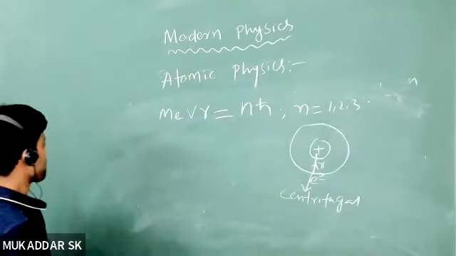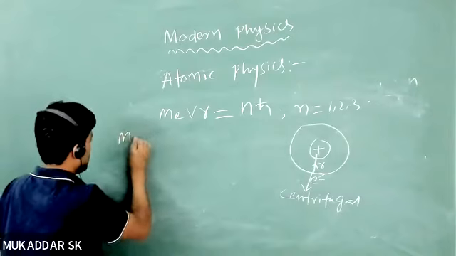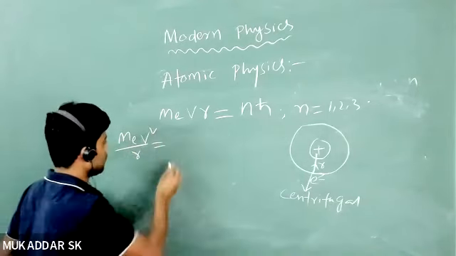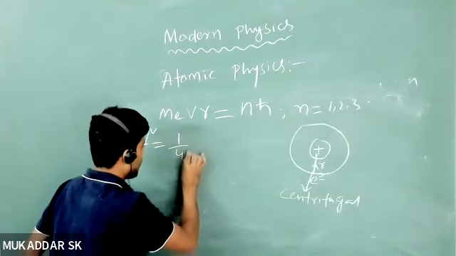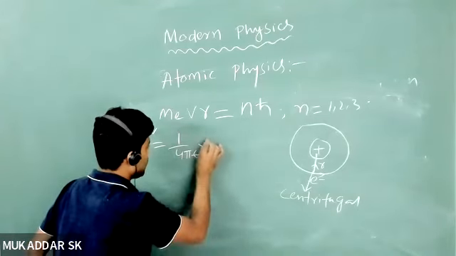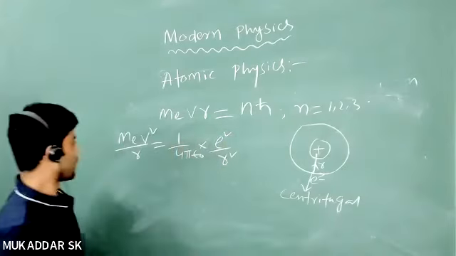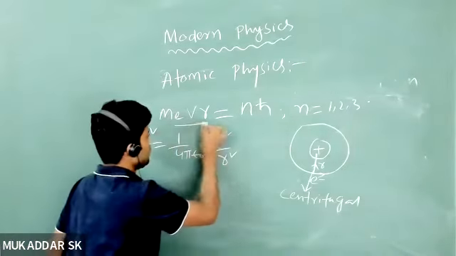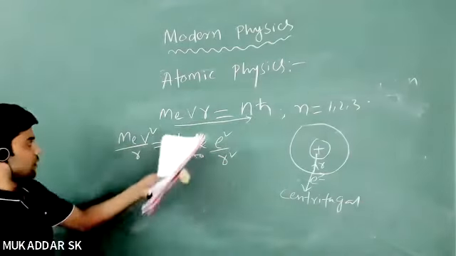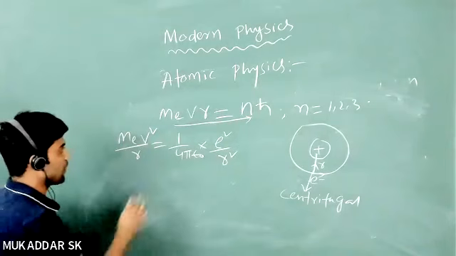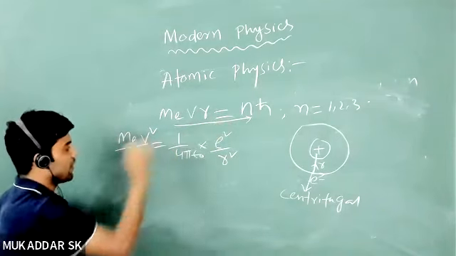So if you see, m_e v square by r should be equal to 1 by 4 pi epsilon naught into e square by r square. Now from this equation, if you substitute v, it will be v equals n h cut by m_e into r.